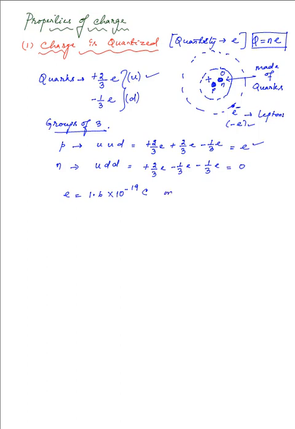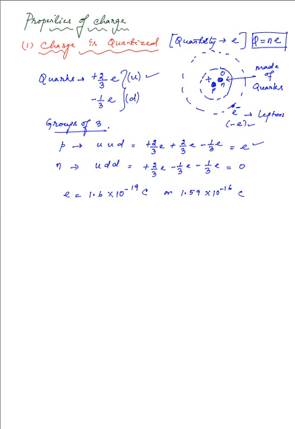Sometimes in some places you can have a value like 1.59 times 10 to the power minus 19 coulomb. Well, 1.59 rounded off for calculation is 1.6, but that is a different thing. But you cannot have a value which is less than these values. The electron and the proton possess this magnitude of charge.